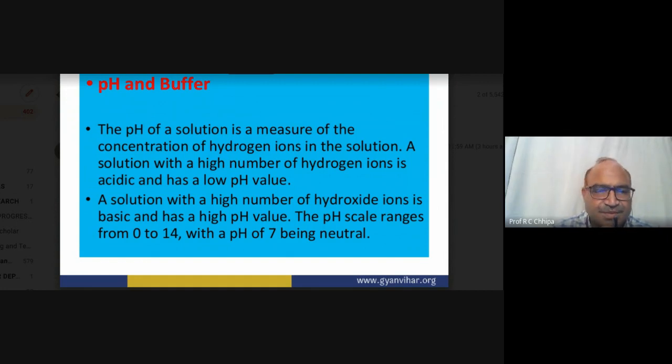With the help of the pH value, we can say that a particular combination is the best buffer and another combination is not useful. We have the acid and base, the weak acid and the weak base. We can identify those things with the help of pH measurement, which is very well known.